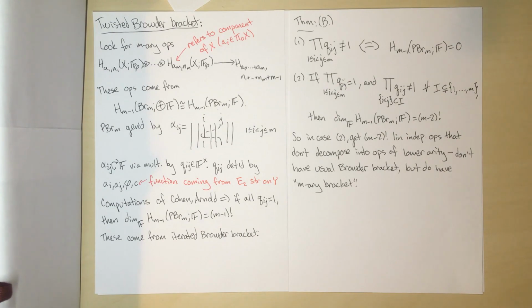But one can define a product. And so I expect that all of these operations will generate all operations, and then I should be able to give a description of the homology of a free E2 algebra in terms of these operations, just like in the classical case.